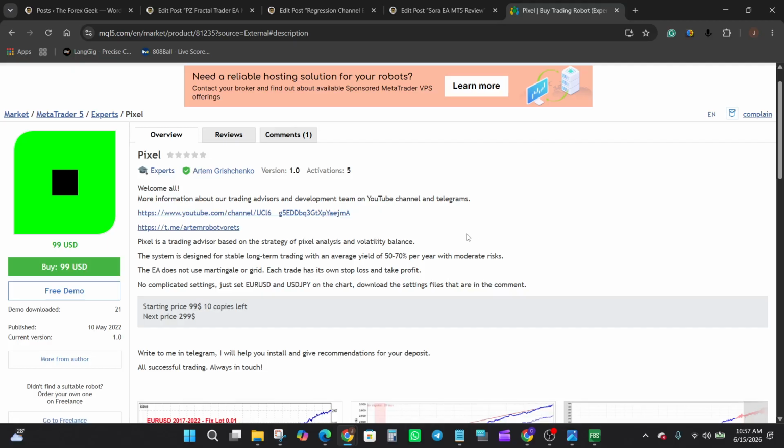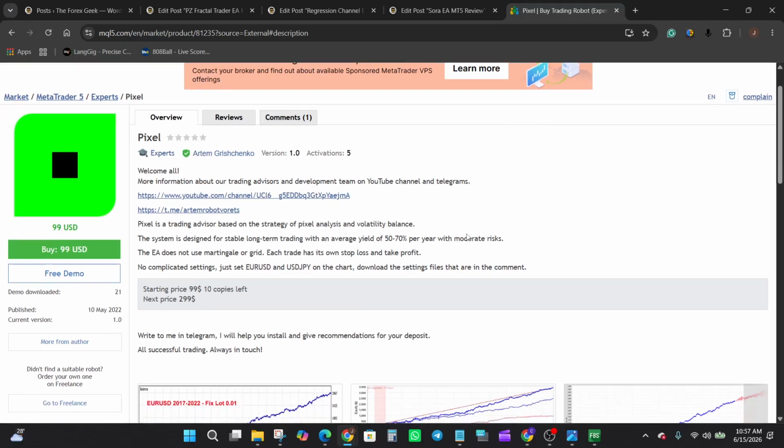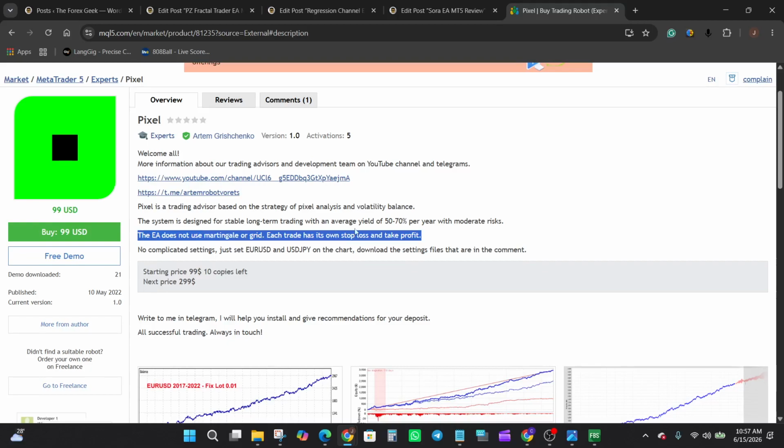One feature that is clearly mentioned is that the EA does not use martingale or grid trading. The developer also states that every trade has its own stop loss and take profit. From a risk management perspective, that means trade exits are predefined rather than relying on averaging techniques that continuously add positions.